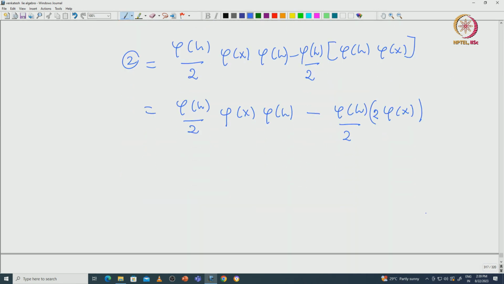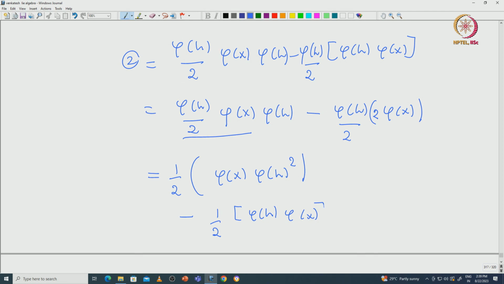So, now if you just switch these two, so you can take 1 by 2 out, then you get phi x phi h square, and then minus 1 by 2 the bracket phi h phi x phi h minus phi h phi x.